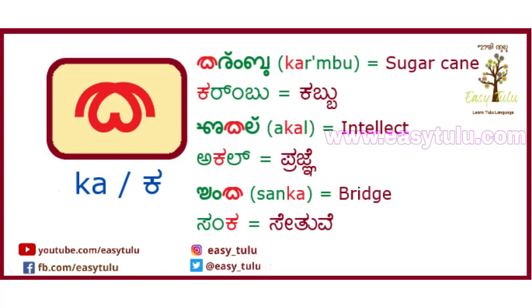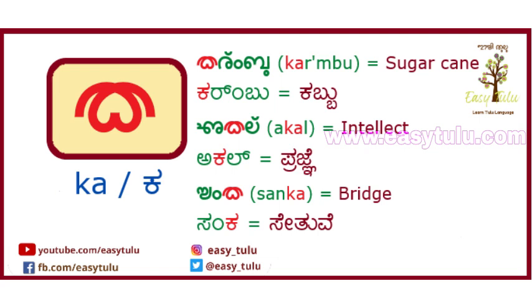First one is Ka. Examples: Karumbu. Karumbu means sugarcane. Kabbu in Kannada. Akalu.